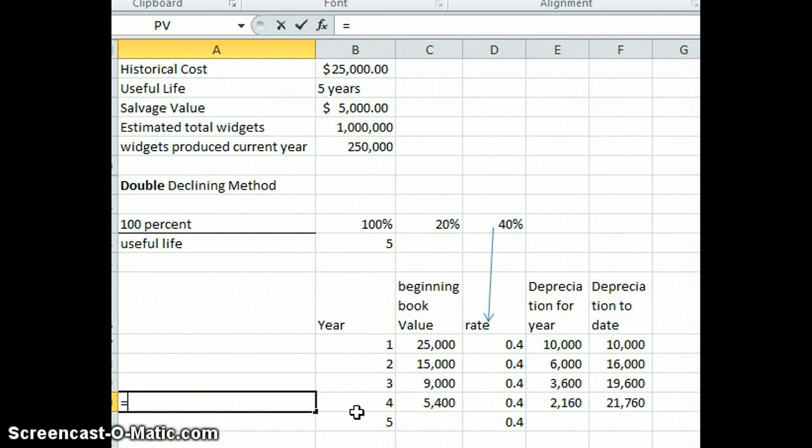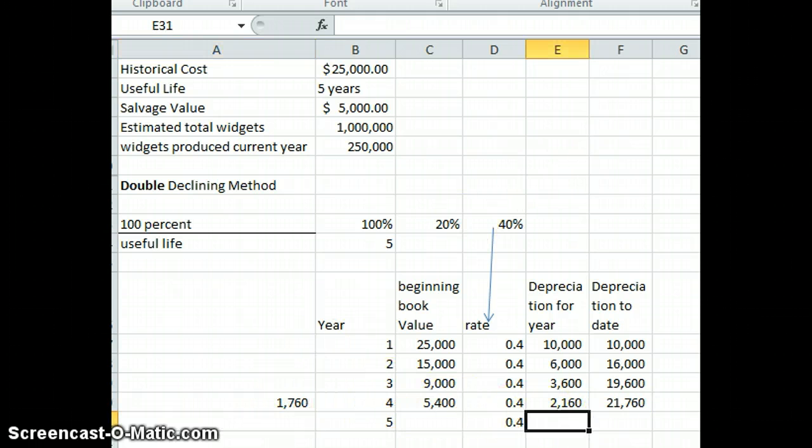So it'll be equal to 21,760 minus our 20,000. And 1,760. So that's the most depreciation we can take for the final year because we don't want to go beyond 5,000, which would be salvage value. So our depreciation to date would be 20,000.